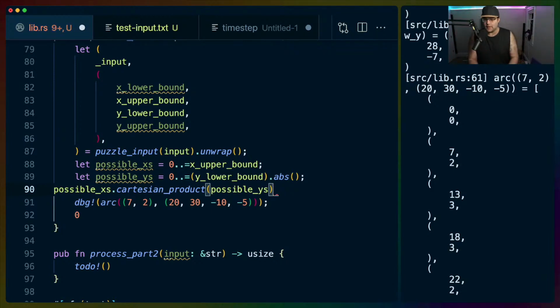Plus, this way I don't have to worry about getting the indexes correct. It'll just combine all of them because we already have all the values.